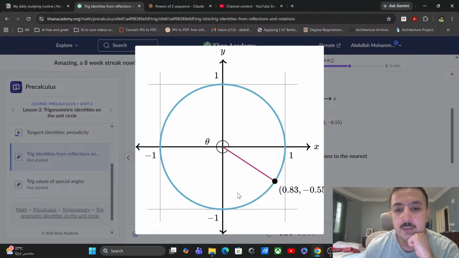So it has to do with theta. So it's here. Is this the theta, or is this the theta?